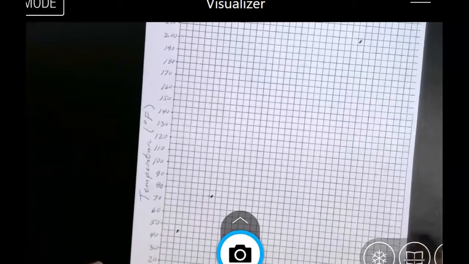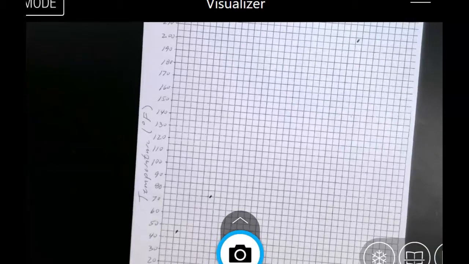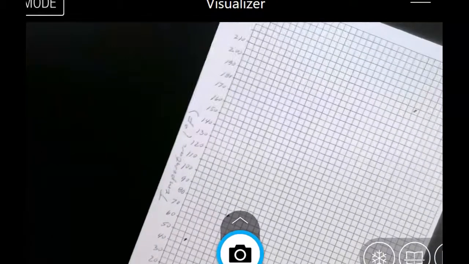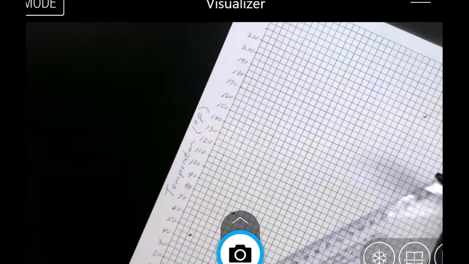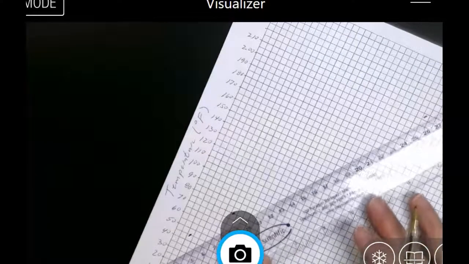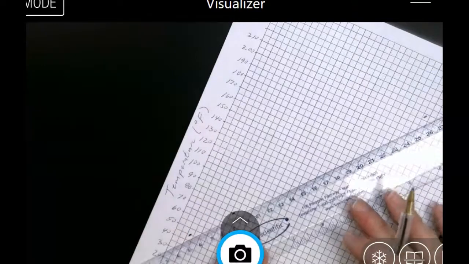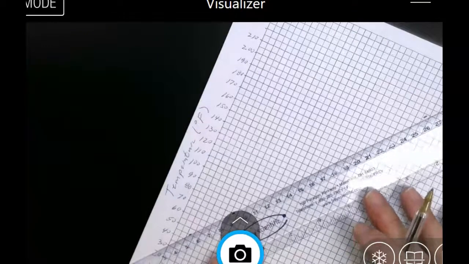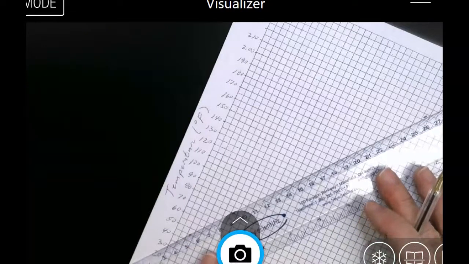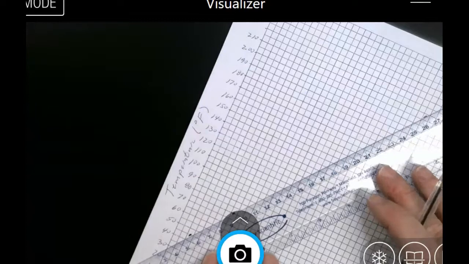Now, we're going to do what's called a line of best fit, or some people call it a trend line. The trend line is the line that best fits your data. Now, it's not a dot to dot. You don't connect the dots. You want to find a line that closely approximates your data. Now this data is actually a little bit too good as it's falling on a straight line.